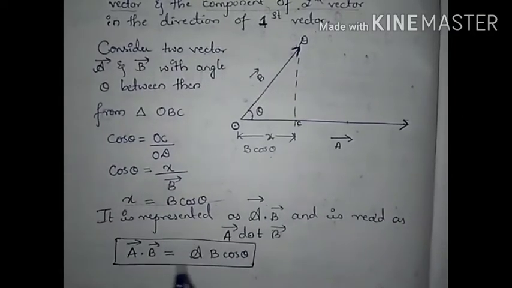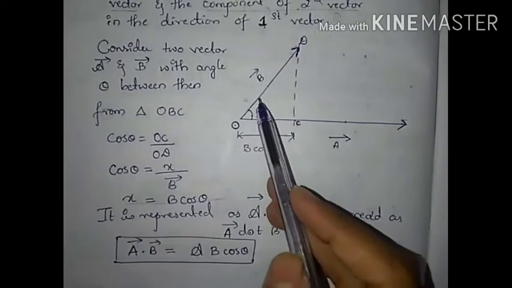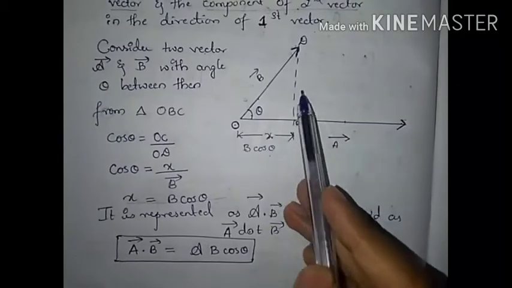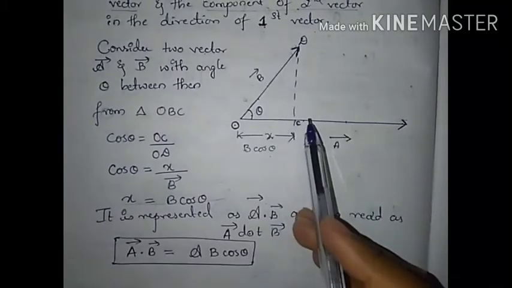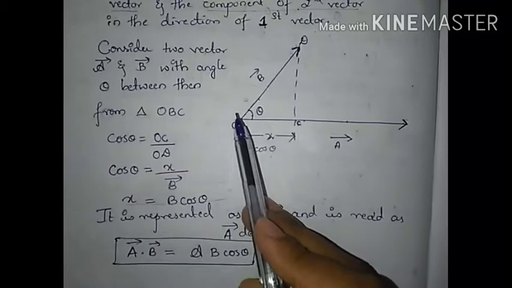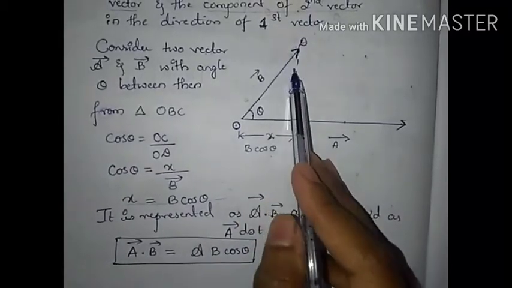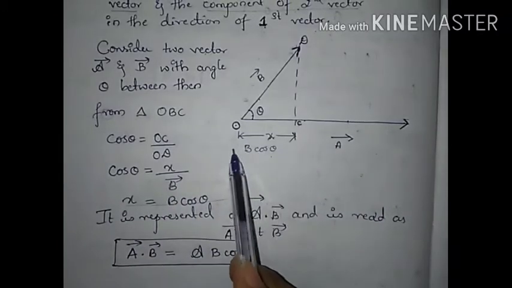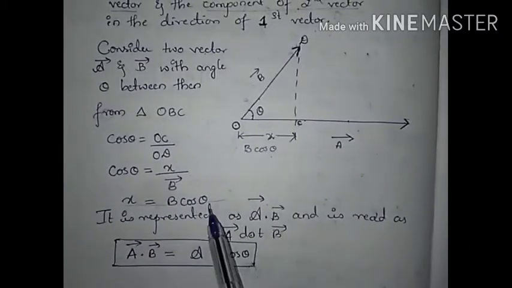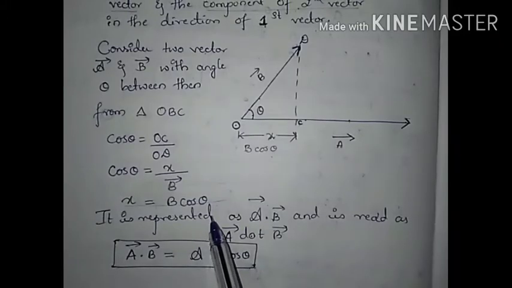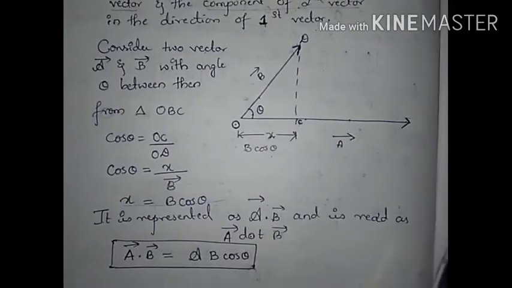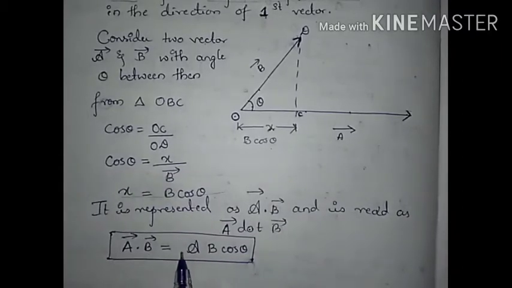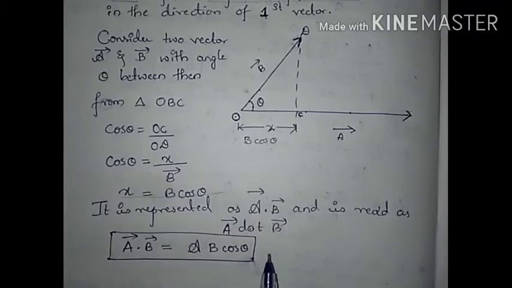What we have done is taken two vectors, vector A and vector B, and later by drawing the perpendicular line from the point D, we found the component of vector B along the vector A. We got the component of B along the direction of vector A as B cos theta. So if we write A dot B, then it is AB cos theta.